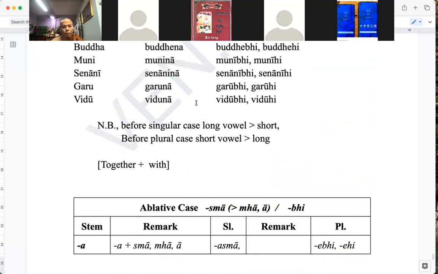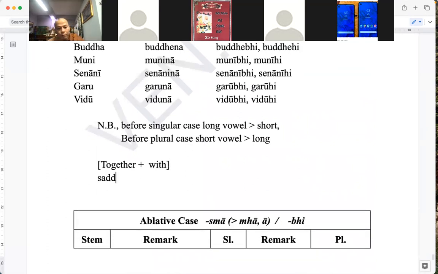And also in Pali, these words, Saddhim or the other word Saha, mean 'together'. So Saddhim or Saha will be followed by an instrumental case word.